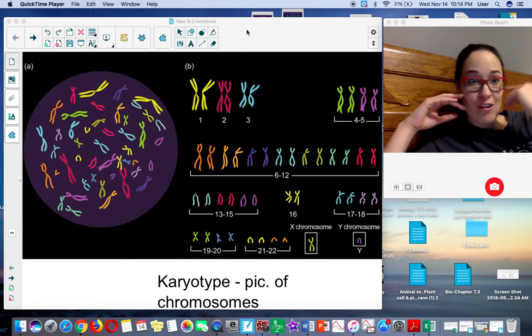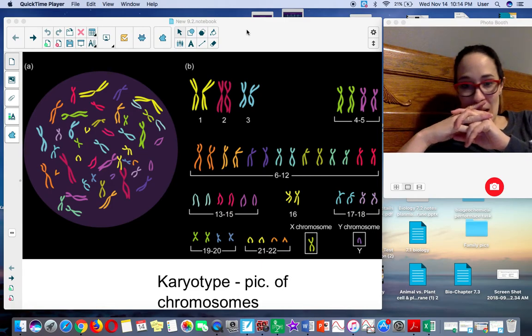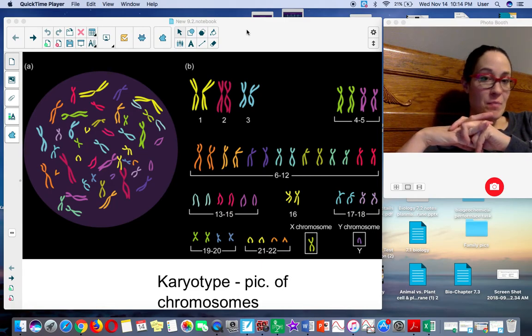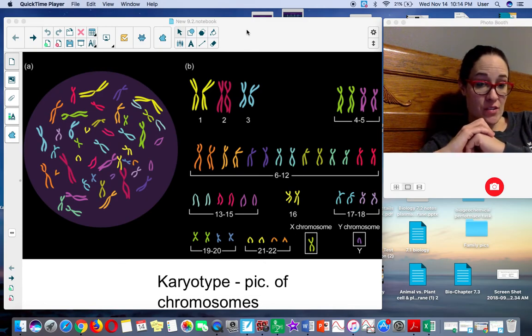This is a karyotype. A karyotype is a term that has to do with genetics. It's a picture of the chromosomes within your cells. Humans have 23 pairs of chromosomes, so 46 total.